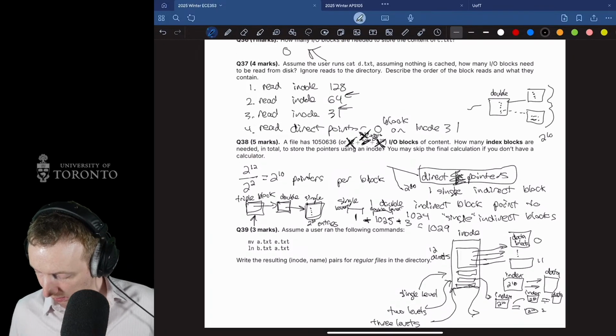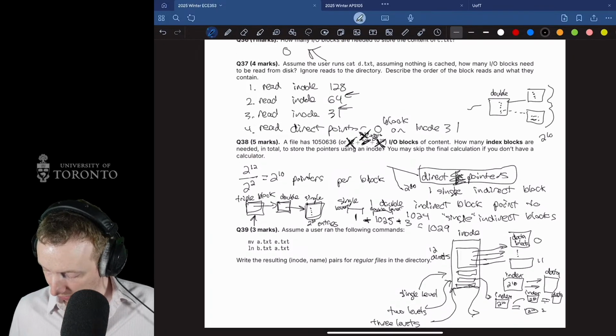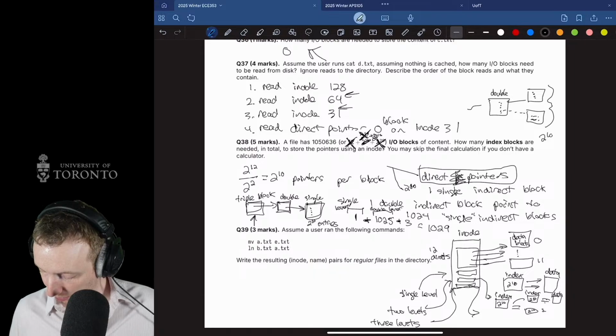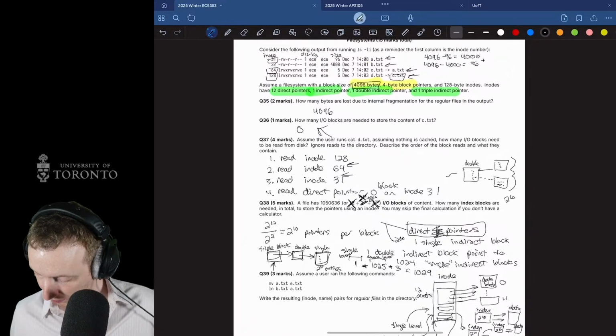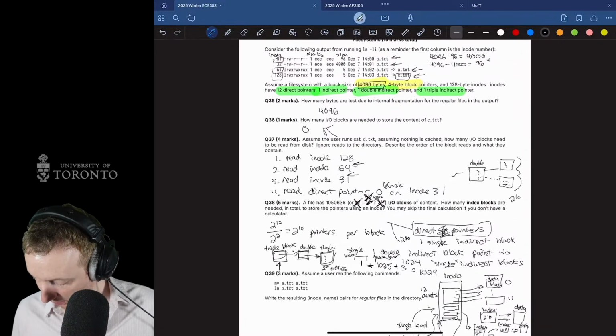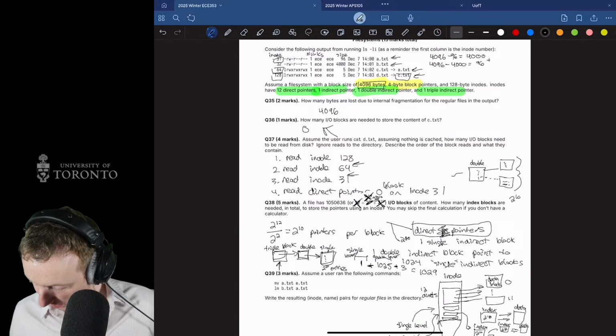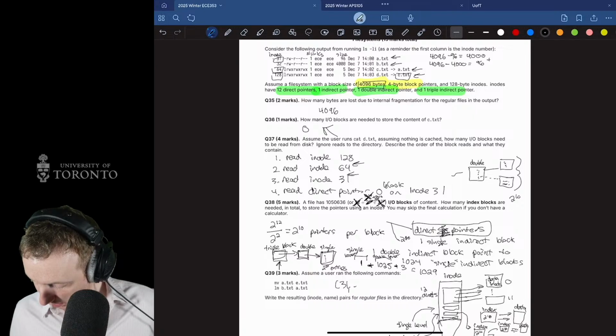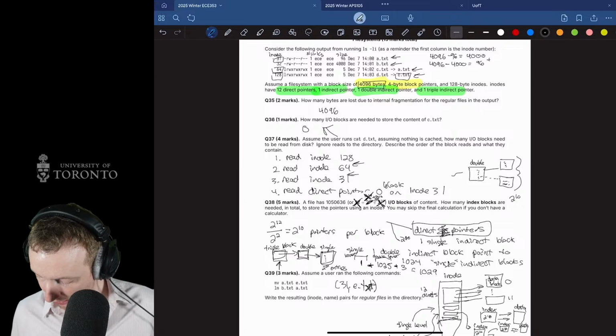And then the last question says, assume a user ran the following commands. We moved, so move is just a rename. So we basically renamed a.txt to e.txt. So we would have 31 e.txt after that, and no entry for a.txt.